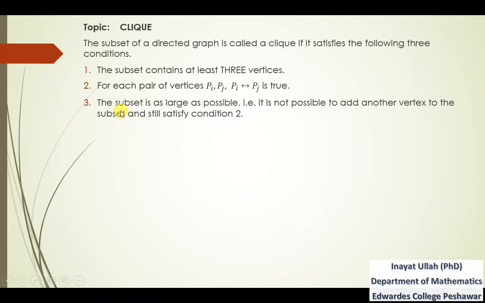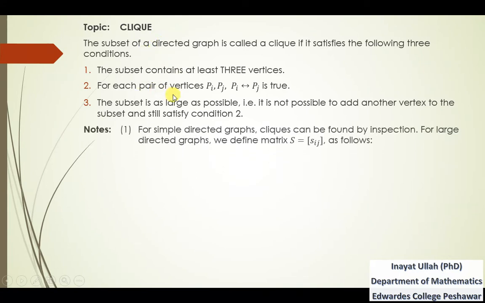What does it mean? The subset is as large as possible. It means that it is not possible to add another vertex to the subset and still satisfy this second condition. Anyways, these 3 conditions must be satisfied by a subset to be a clique.